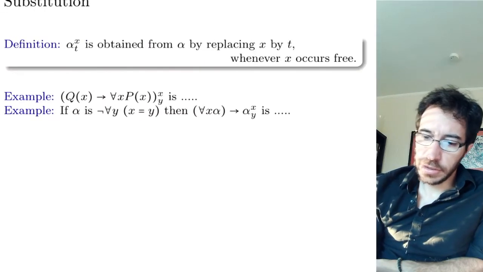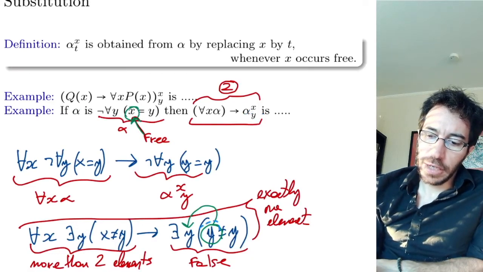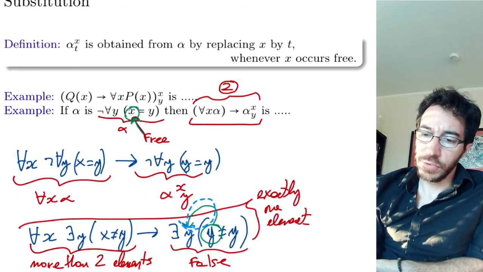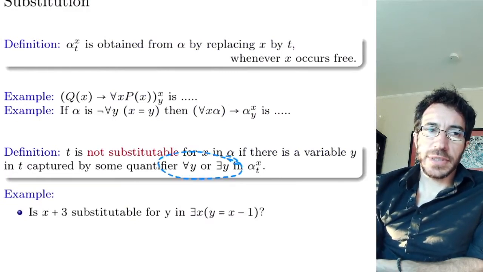For instance, here once we did the substitution, the t is just the y alone. The y became captured by this quantifier, and that's not good. So if something gets captured by a quantifier, then it's not substitutable.